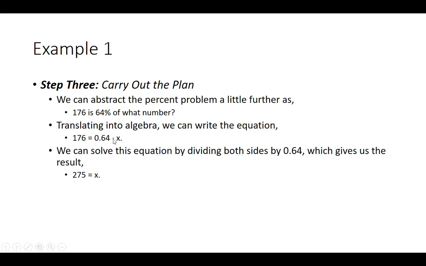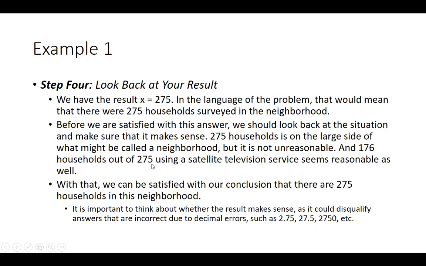We can solve this equation by dividing both sides by 0.64, which gives us the result 176 divided by 0.64, 275 equals x. So we have the result that x equals 275. In the language of the problem, that would mean that there were 275 households surveyed in the neighborhood.